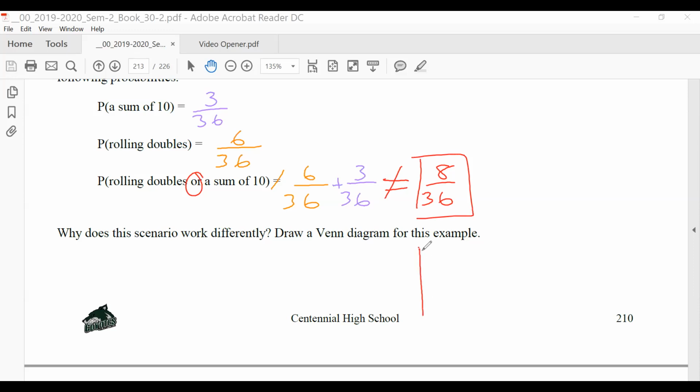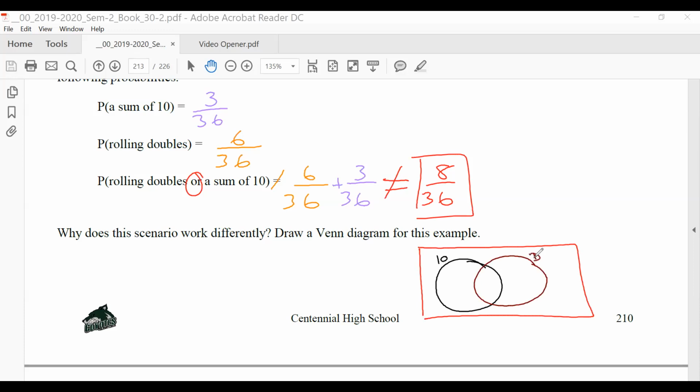Well, let's go back to Venn diagrams and set theory. If I think about these two sets, well, there's me getting a sum of 10. Here's me rolling doubles. What do you notice about those two sets?